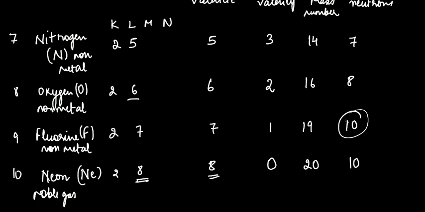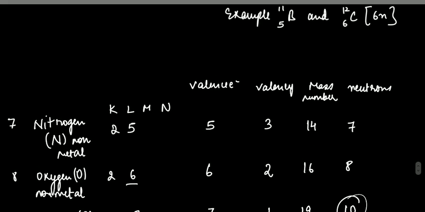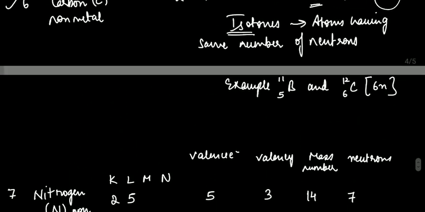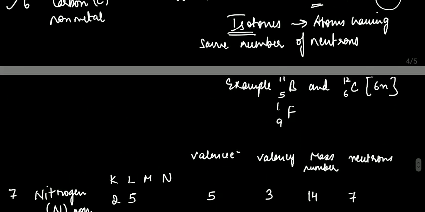So we are going to write one more example of isotones, that is fluorine, 9 and 19 mass number, and we have neon, atomic number 10, mass number 20. So we are going to write 10 neutrons in the bracket so that we can remember it.